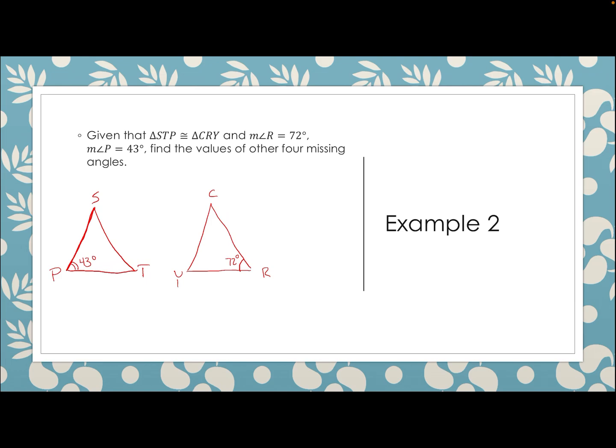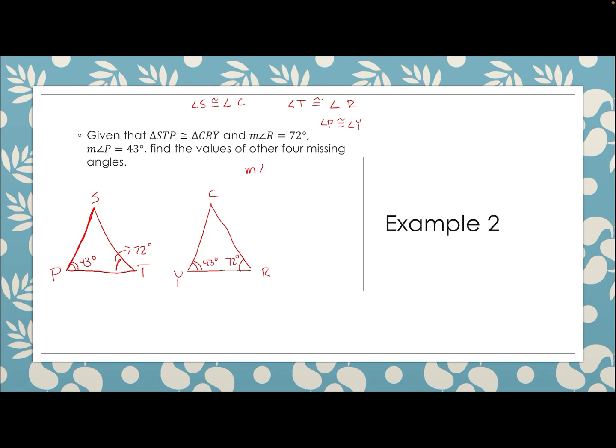And because we know that the 2 triangles are congruent, we know angle S is congruent to angle C. And we know that angle T is congruent to angle R. So that means angle T is also 72 degrees. So we need to find the other 4 angles. Since angle P is congruent to angle Y, we know that angle Y is also 43 degrees.